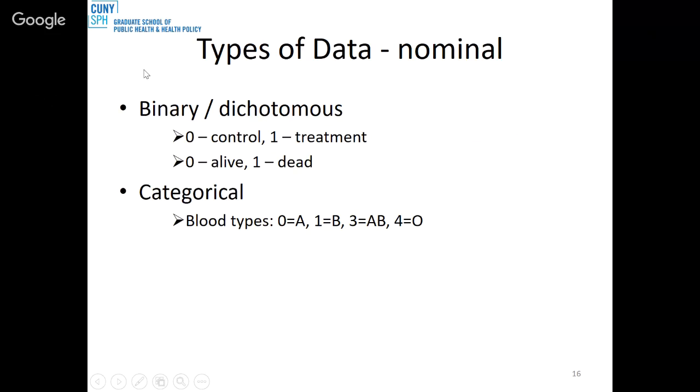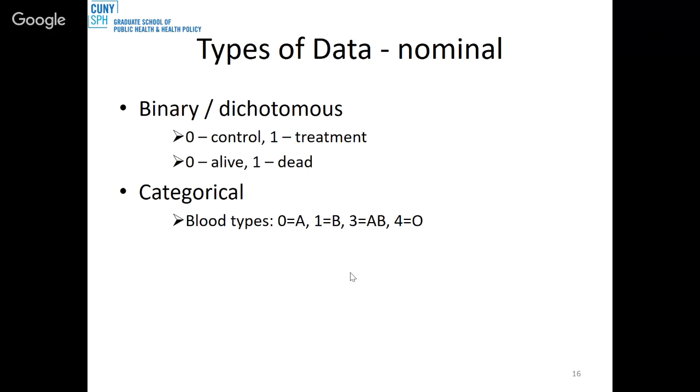Categorical variables are also what we call nominal. We call them nominal because they're nominally numbers. They're not really numbers. They're something that we need to write down and use words to describe, like control, treatment, alive, dead, or blood type, A, B, AB, and O. And if we write numbers for them, like 0, 1, 2, 3, 4, those are not really numbers.